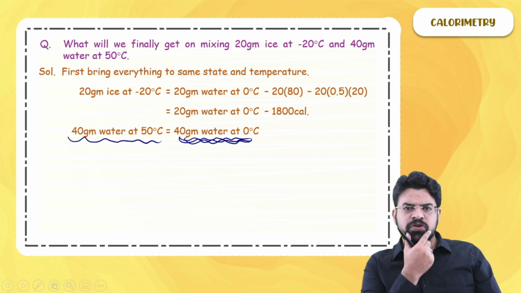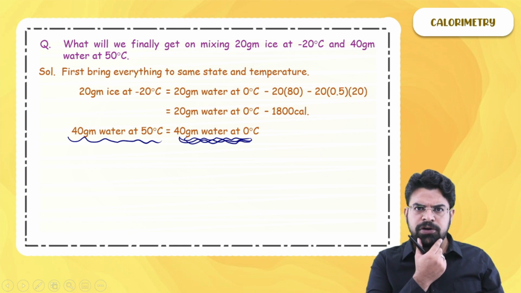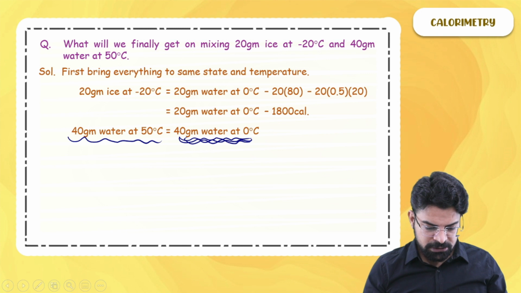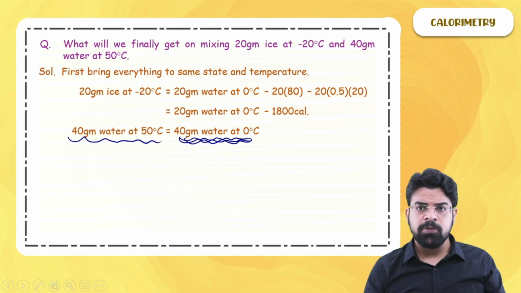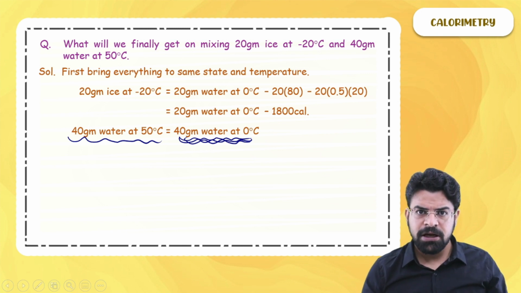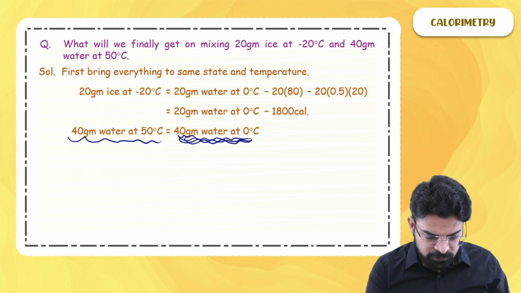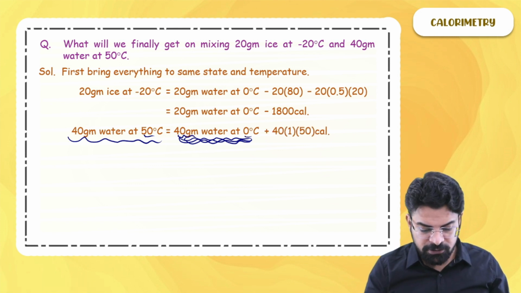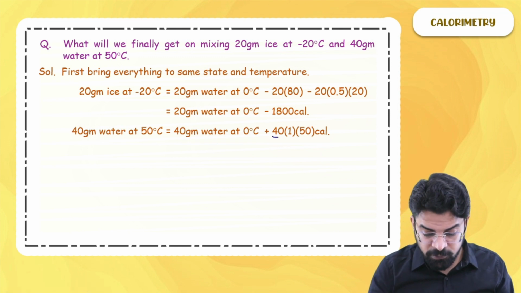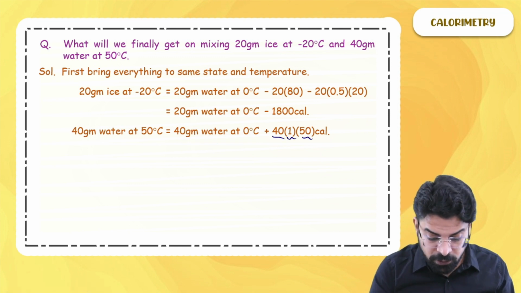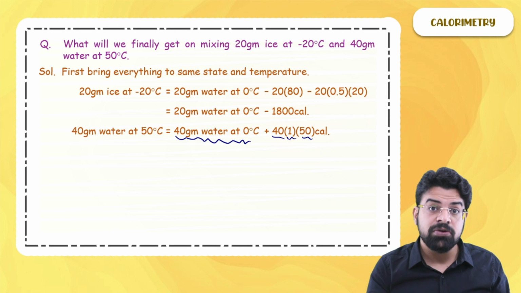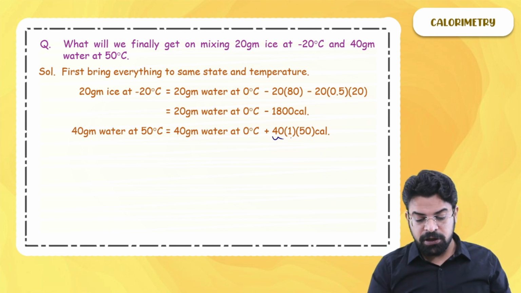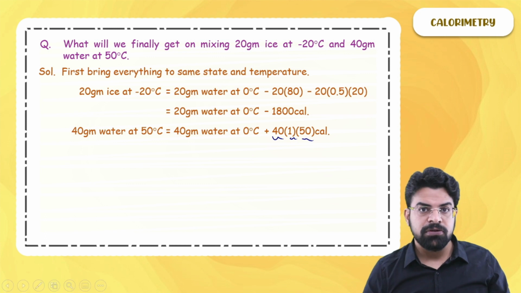There is no phase change, so the heat provided equals Ms delta T. Mass is 40, specific heat of water is 1, and the temperature difference is 50. So you provide 40 into 1 into 50, which becomes 2000 calorie.